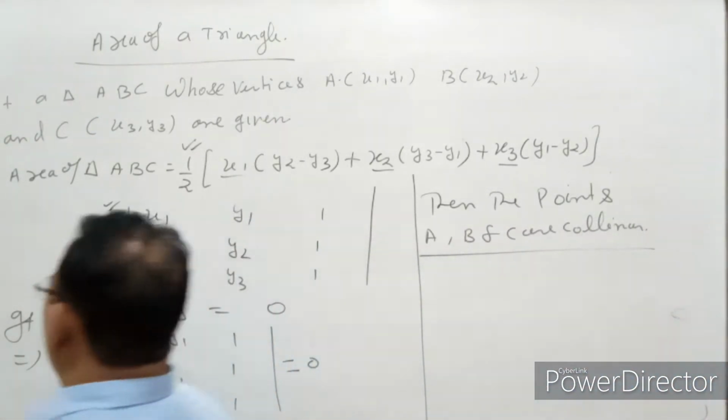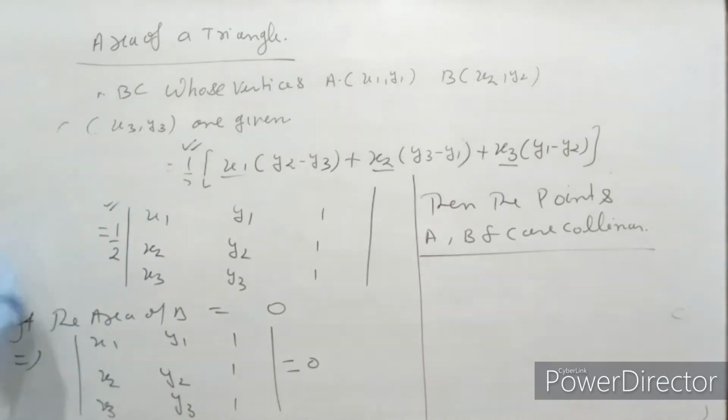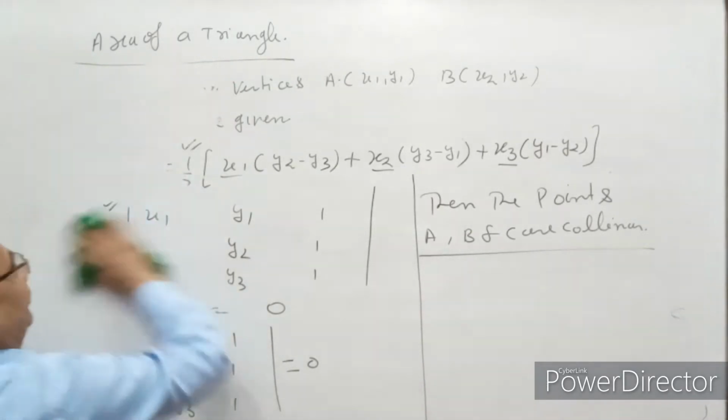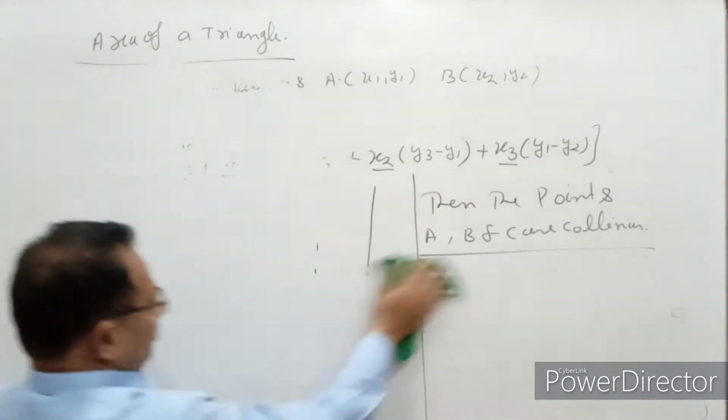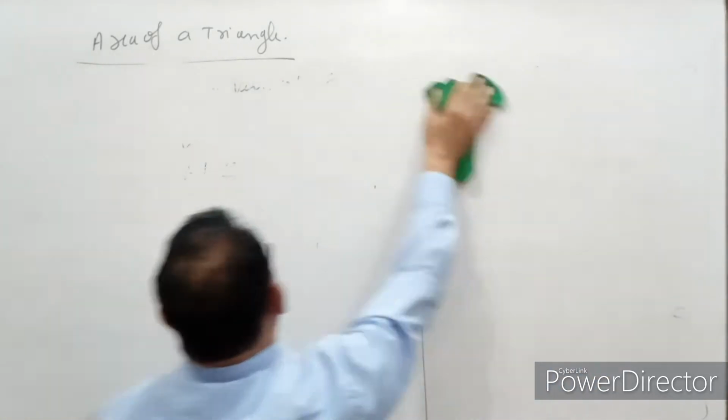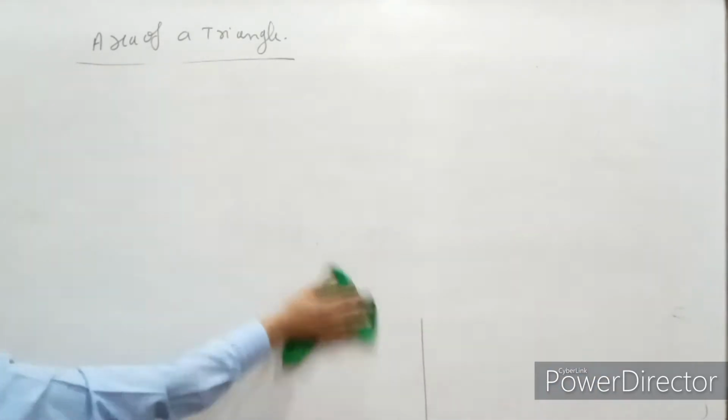Now we find the area of a triangle whose vertices are given. Let us see the question.